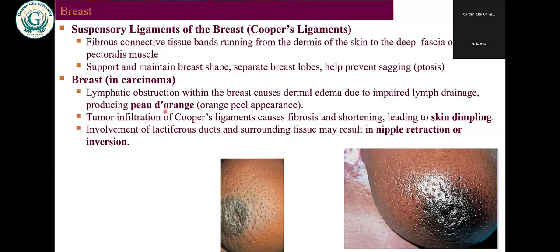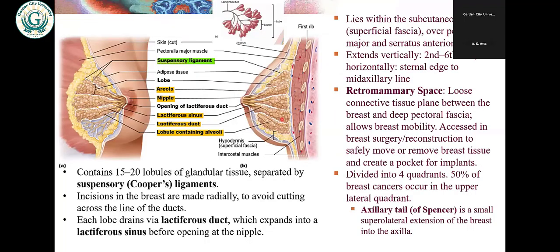So there's going to be edema. Then of course you realize that the cancer cell is also affecting the Cooper's ligament and causing fibrosis and shortening. So with edema and shortening, you're going to have this dimpling, and that is going to give you that orange peel appearance. So that point is also important.